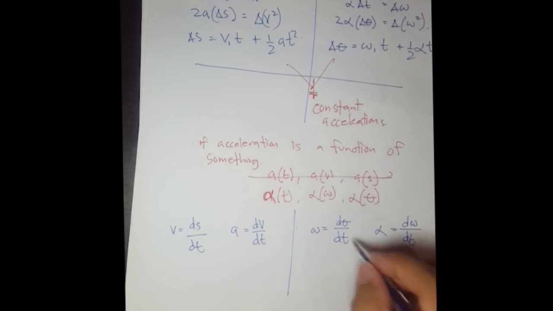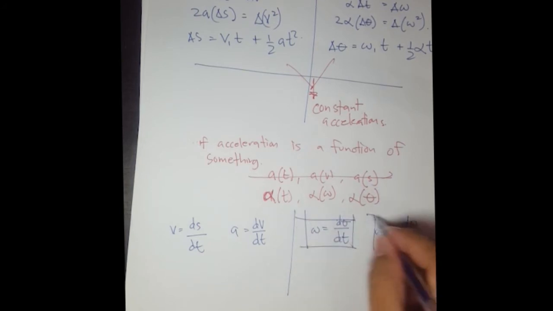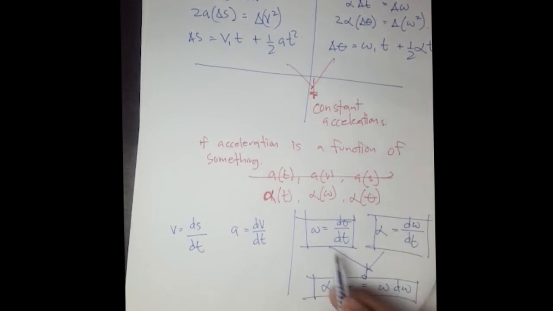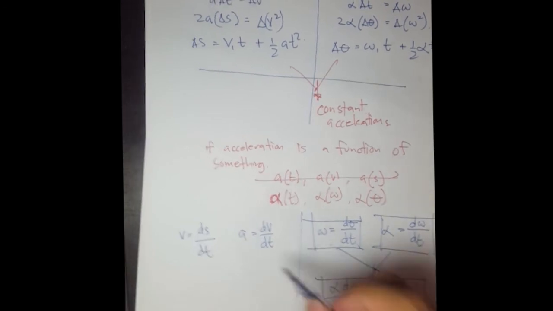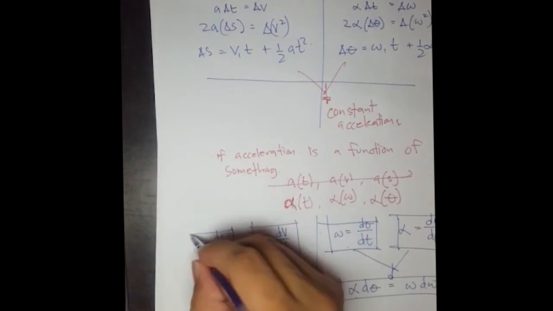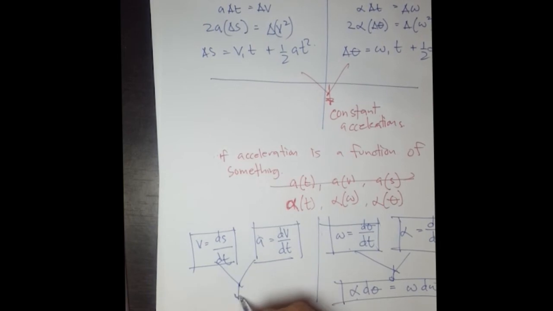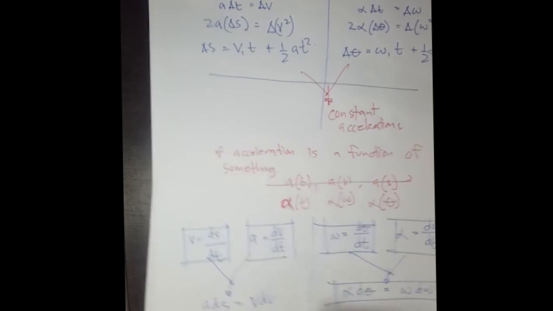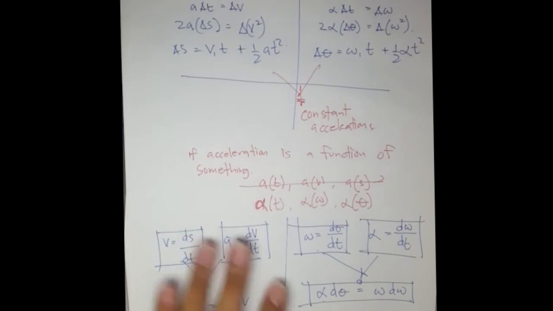And then again, we can relate this one and arrive at this equation here. So if you equate dt is equal to dt, then you will get this one, right? Right, so what's this? a ds equal to v dv. Alright.